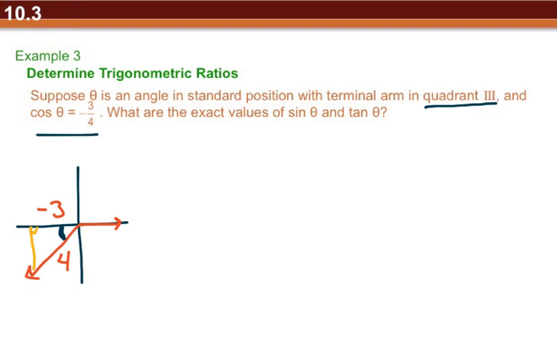Now, in order to find the exact values of sine theta and tan theta, we need the third side, the opposite side. And again, we have two sides of a right triangle, so Pythagorean theorem comes into play. This time we know the hypotenuse, so I'm going to call a negative 3, b will be what we don't know, and c will be 4.